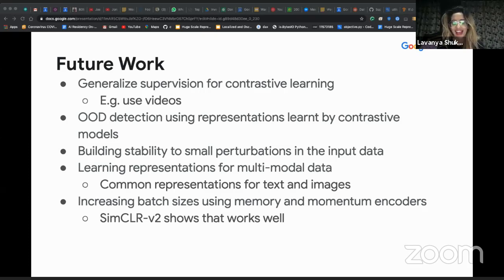Someone in the comments asked, can you apply this to deepfakes? Because they're working on deepfakes and excited about trying this technique. I do think it's worth a try, but we haven't done it, so I won't say yes because I don't want to be held liable for that. Statistical regularities and irregularities is not something that I expect contrastive learning models to be very good at, because strong data augmentation actually normalizes for that.